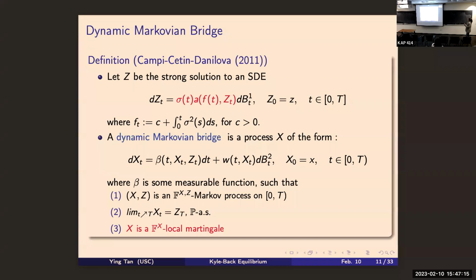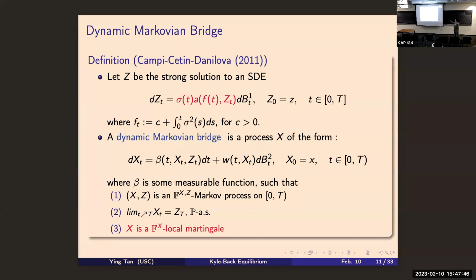This is the tool used by Campi, Cetin and Danilova to solve this problem. If we consider a process Z, which is the strong solution to this SDE with very special structural assumptions, then a dynamic Markovian bridge X is of this form, in a way that it satisfies the following three conditions.